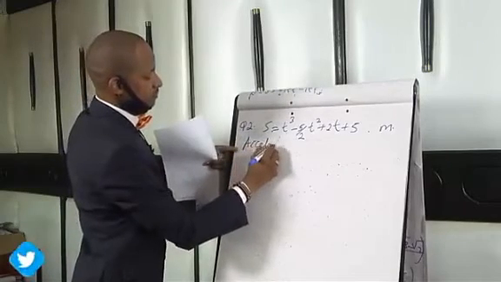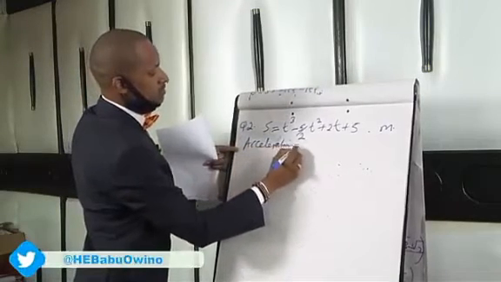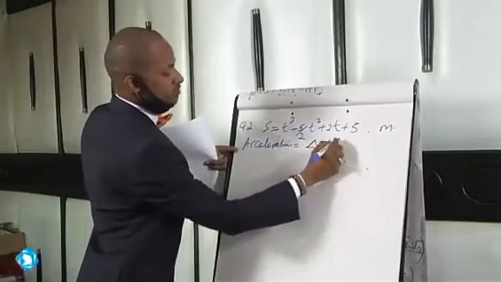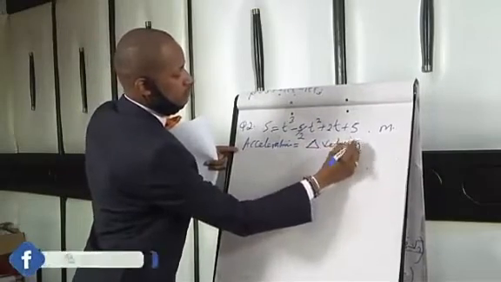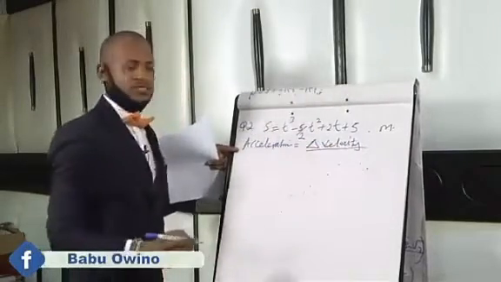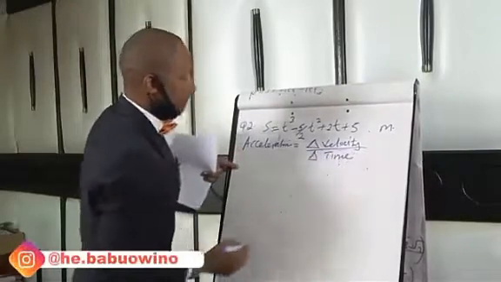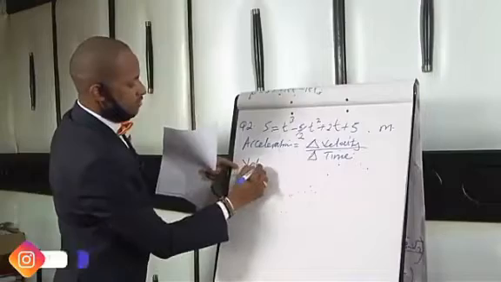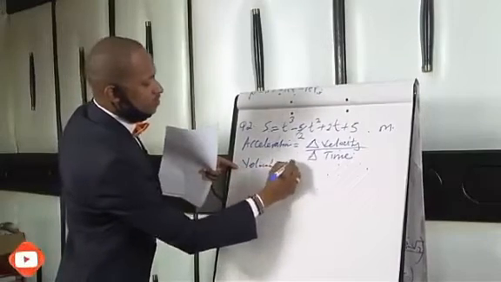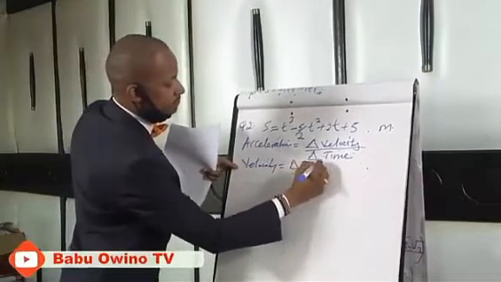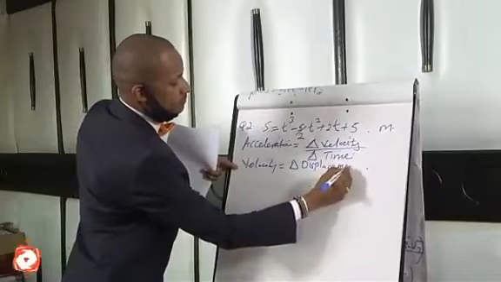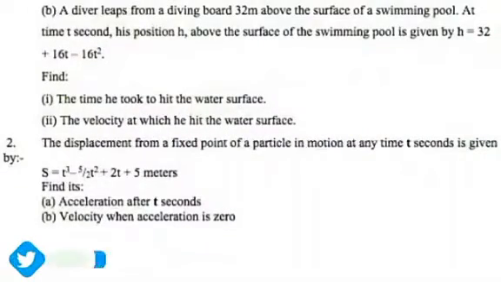Acceleration is given by change in velocity divided by change in time. But velocity, we saw earlier, is given by change in displacement divided by change in time.